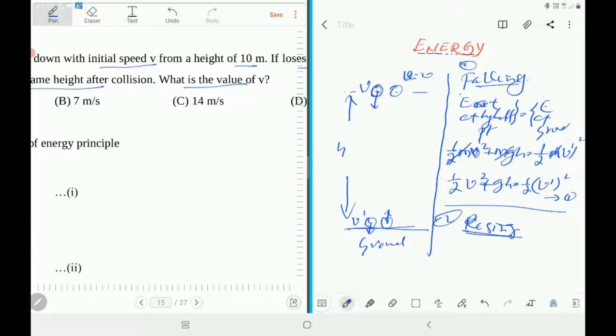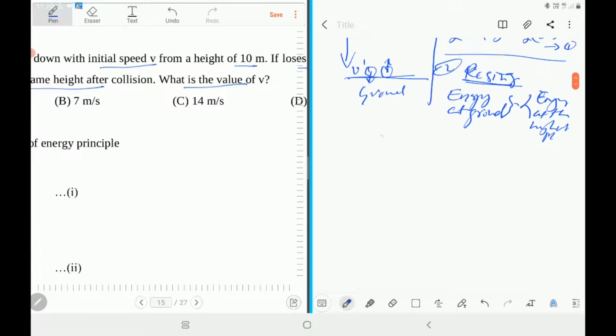Law of conservation of energy: the energy at the ground now is equal to the energy at the highest point. That's what you have to remember. What is the energy at the ground? It is 50% of half m v dash squared, the kinetic energy while hitting the ground. 50% of that is equal to the potential energy at the highest point.